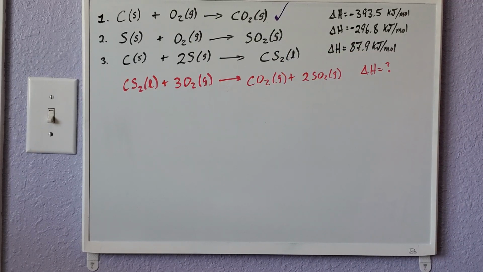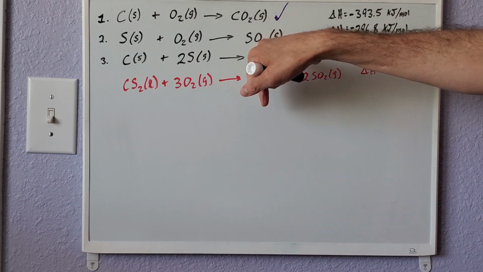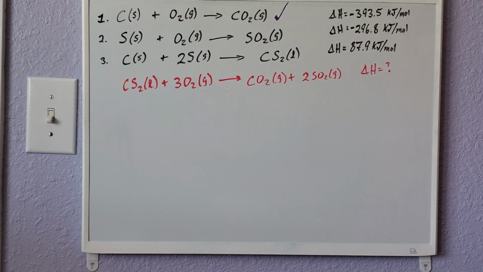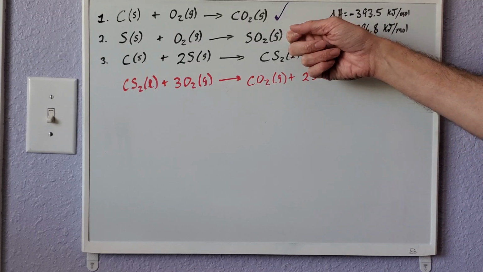But one thing we do have to take a look at here is we have one SO2 in equation two, and we have two SO2s in our target equation. The way that we can fix that, as we've done in the past, is if we need more than our equation is giving us, we have to manipulate the entire equation.